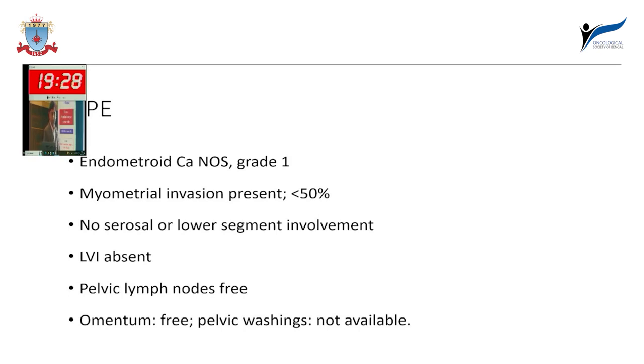LVI and age greater than 60 are regarded as risk factors as per the latest guidelines. When we say LVI present or absent, we refer to diffuse LVI, that is, more than 4 sites in one slide, rather than a focal place where invasion is present.